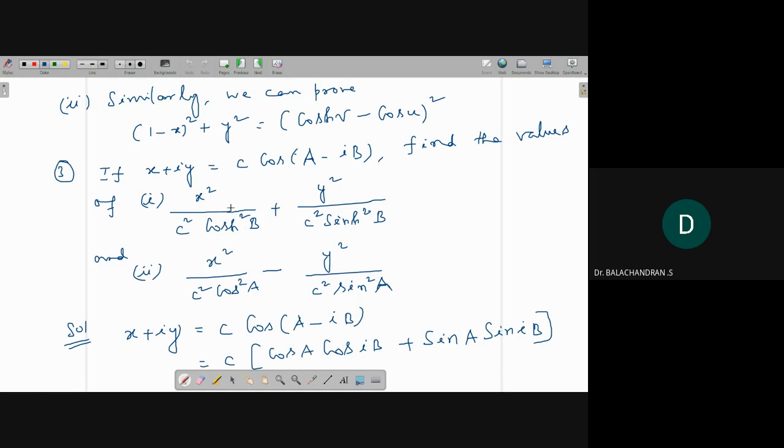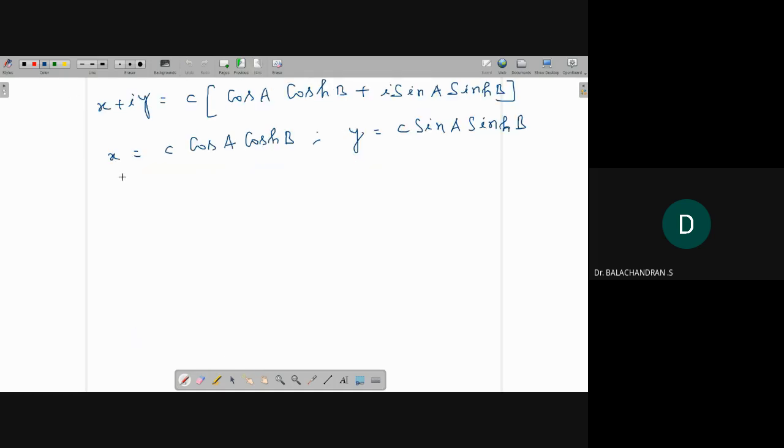So x divided by c into cos hb equal to cos a, and y divided by c into sin hb equal to sin a. So I need to use the relationship between cos square a plus sin square a. Just square and add.